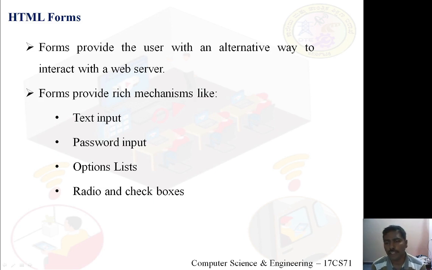Those we call text. In the text box where you enter your password, you see that the password is shown as a star symbol. The characters you're typing are not visible, rather they are displayed as asterisks. So we call this input a password.